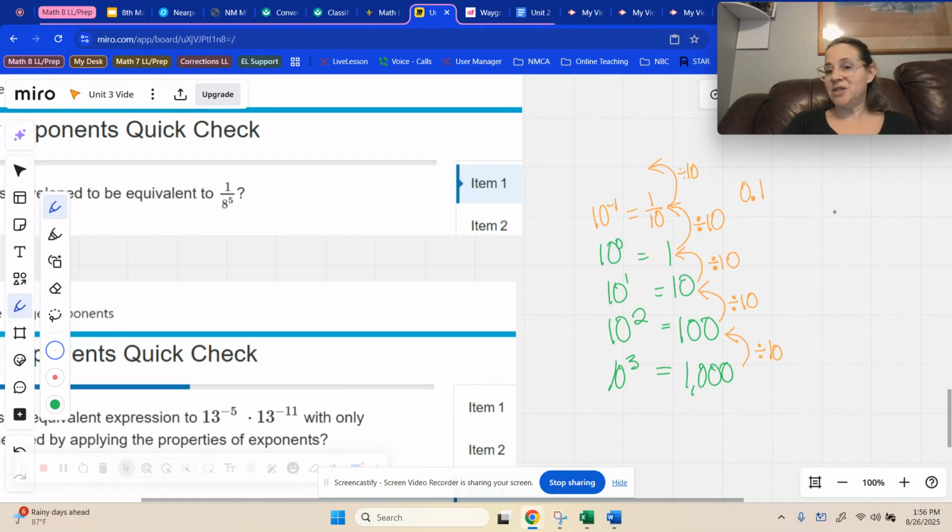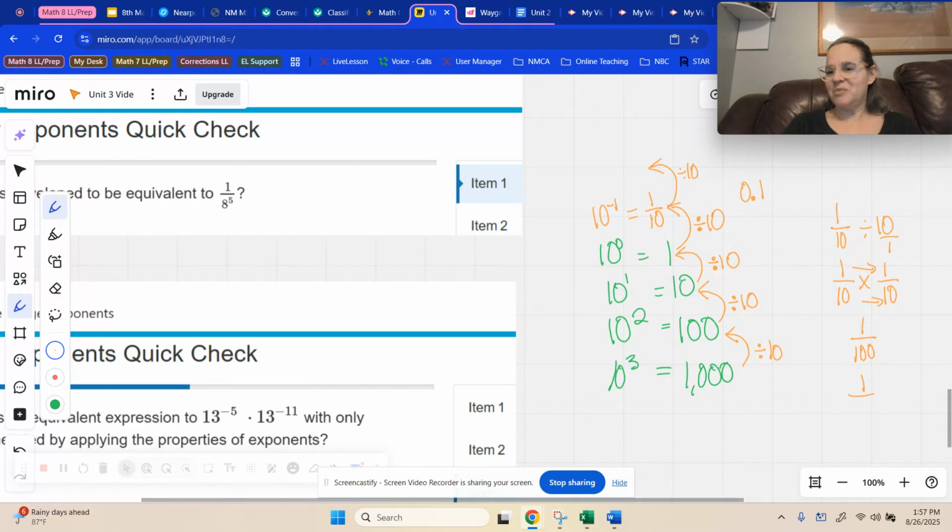This is a good thing to review. 1/10 divided by 10, we would have to flip to divide the fraction. If you flip 10, it becomes 1/10. And guess what? We multiply straight across. We get 1/10 times 1/10.